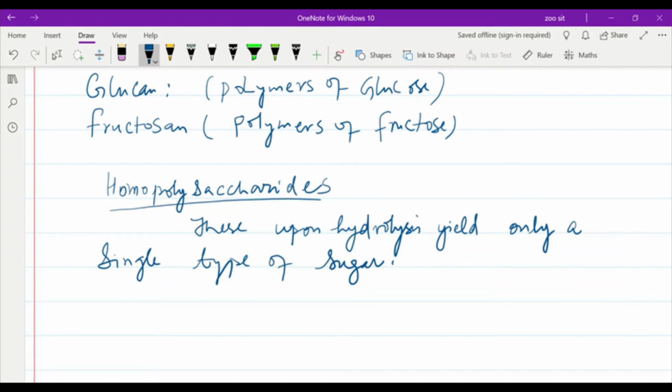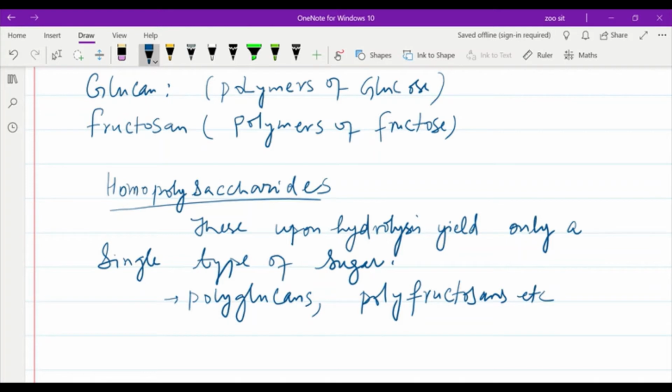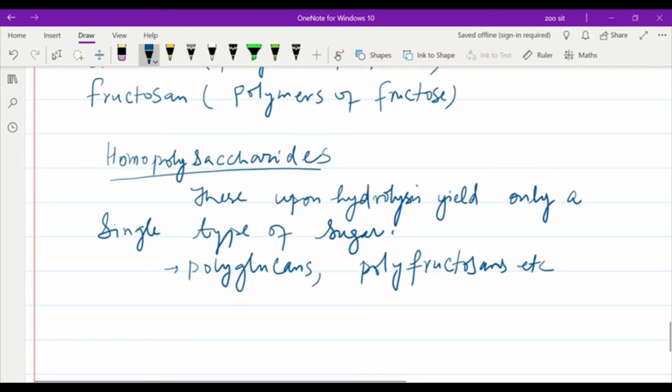In this category, there can be polyglucans, polyfructosans, etc. And here I'm providing examples: starch, glycogen, and cellulose.